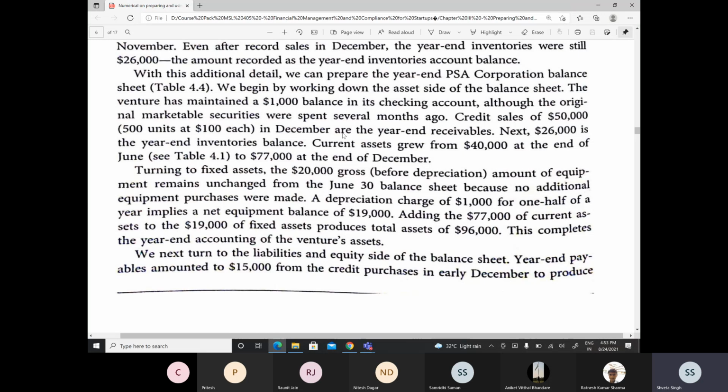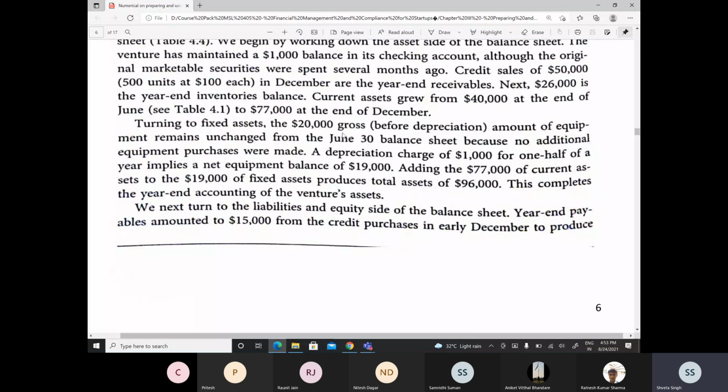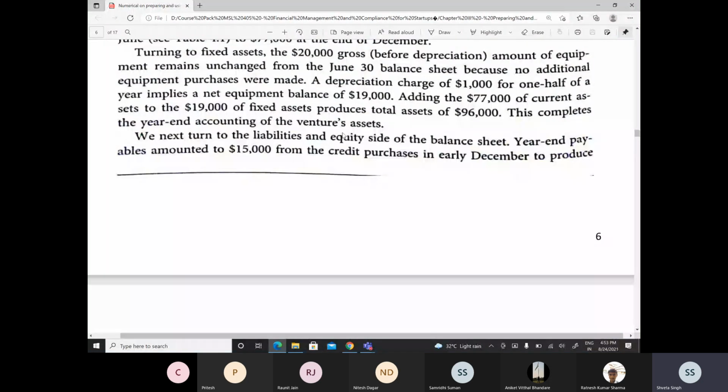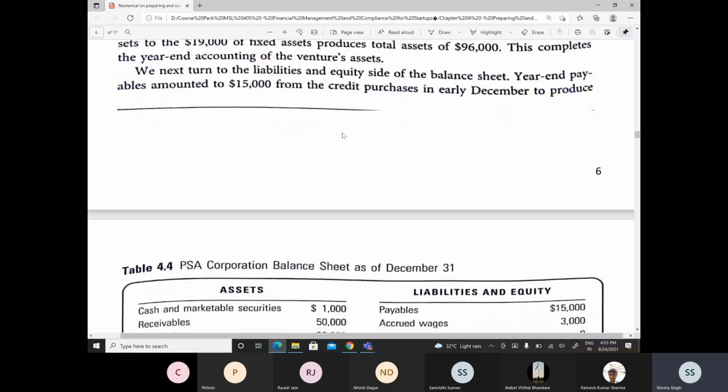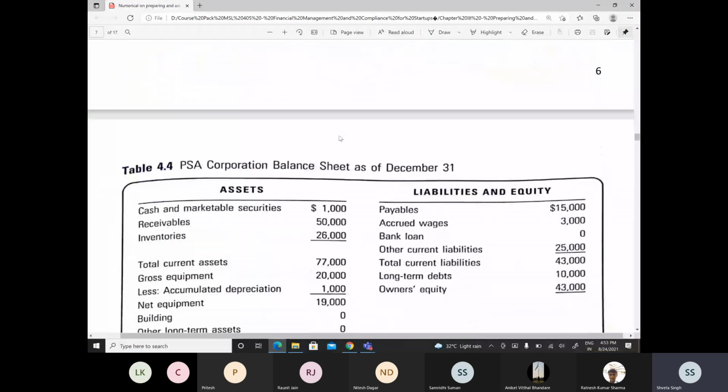We next turn to the liabilities and equity side of the balance sheet. Year-end payables amount to 15,000 from the credit purchases in early December to produce, let me first give all the data, then we'll come to the balance sheet, to produce 300 scanners for January of the next year. The direct labor cost was 4,500 in December.